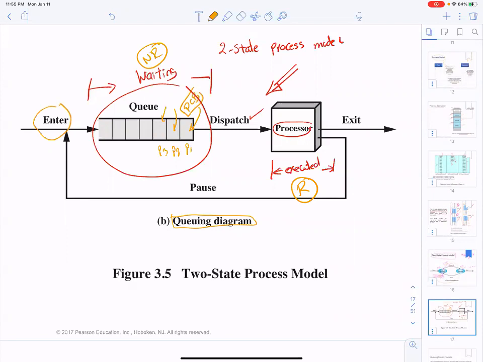If we do have a priority queue, we are giving priorities to processes, so processes with the highest priority will be executed first. Once a process leaves the system, the dispatcher will immediately recall one of the processes in the queue for execution. If the process is already in running state and there is an interruption, the process will go into the queue again.